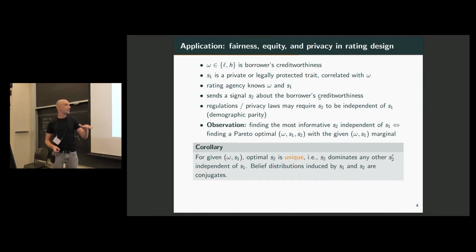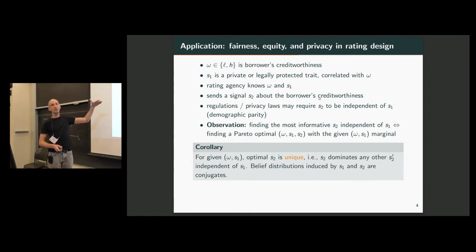I want to stress that this uniqueness is a very surprising property because Blackwell order is a partial order. And typically, if you have a partial order, you have many maximal elements. So here, it means that the most informative signal is unique. In other words, for any decision maker, this signal will be optimal.